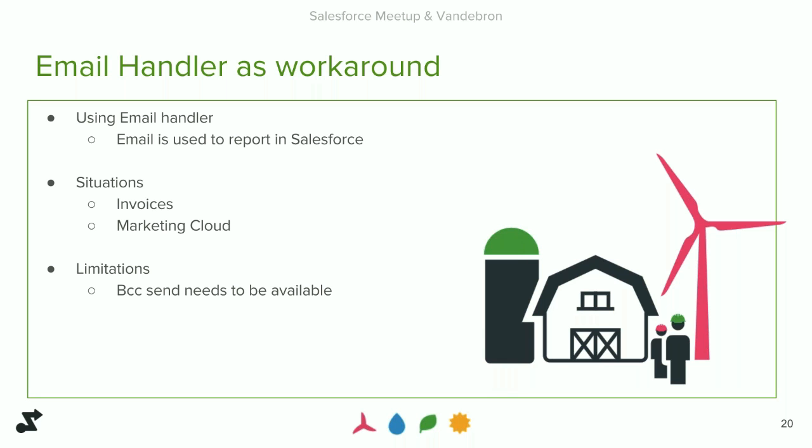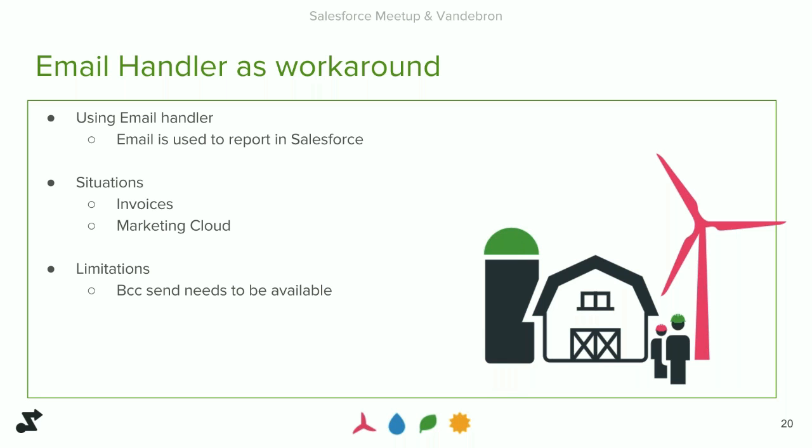Does that include the tracking facility that Marketing Cloud and other products have? So can you tell if you've sent the email out by email handler? Can you tell whether the email's been opened, for example? Yeah. So also the email's not being sent from email handler. It's just being sent to email handler as well. I understand the functionality now. Okay.